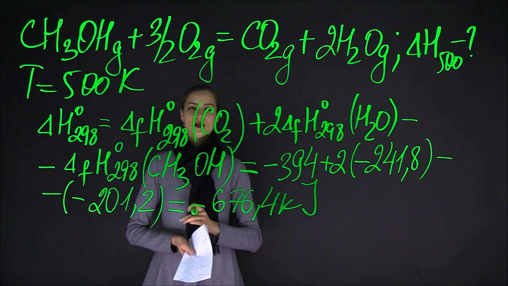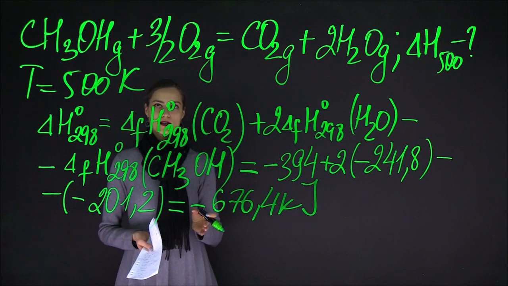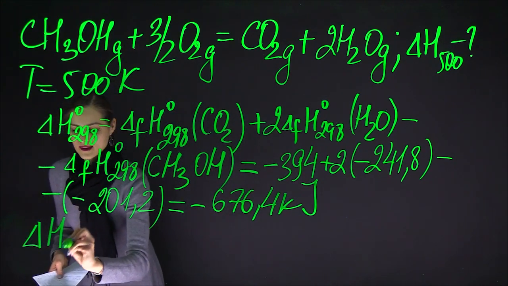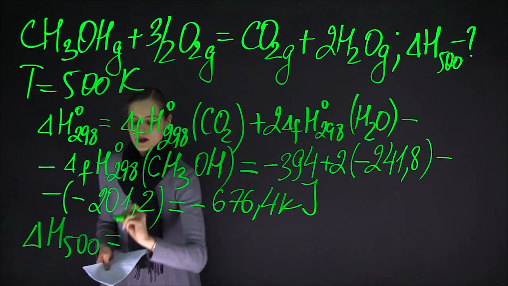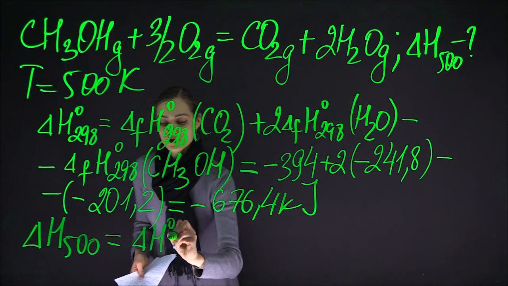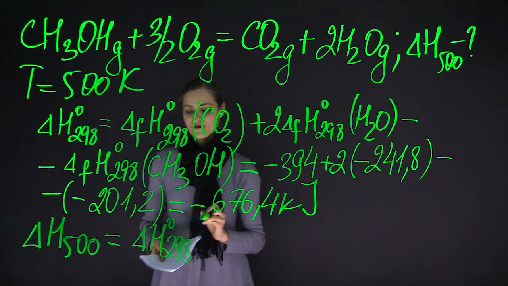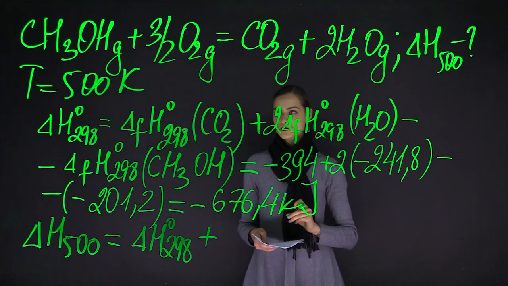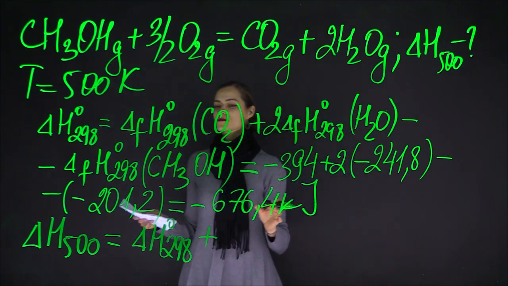What can we do? We can use Kirchhoff equation. In Kirchhoff equation, firstly we place the heat effect of the reaction in standard condition, and we need to know the change of temperature.